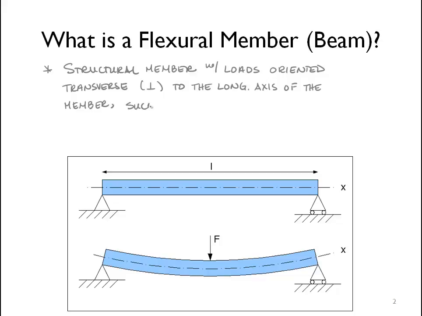And the result of that is the primary stresses are due to bending.